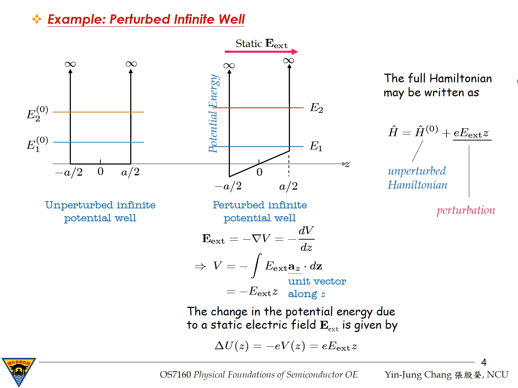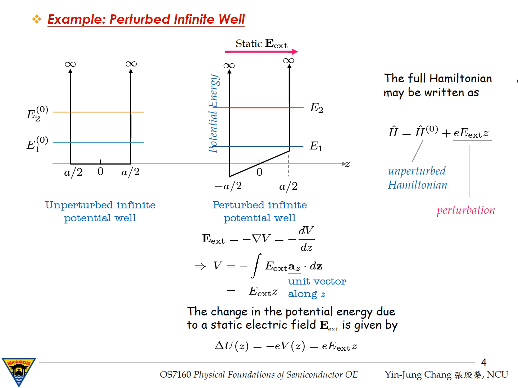Taking the flat bottom infinite well as the zero reference unperturbed system, the change in the electron's static potential energy is then given by the result shown here. Since an electron is negatively charged, we have a minus sign here. Therefore, the potential energy is tilted downward to the left rather than to the right.